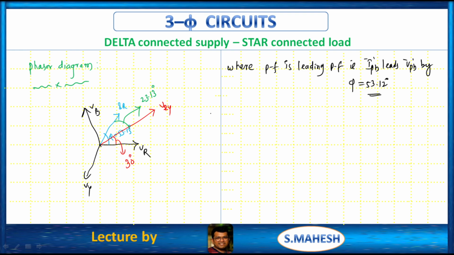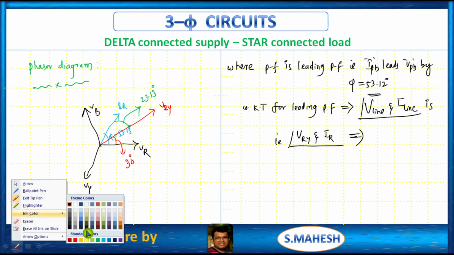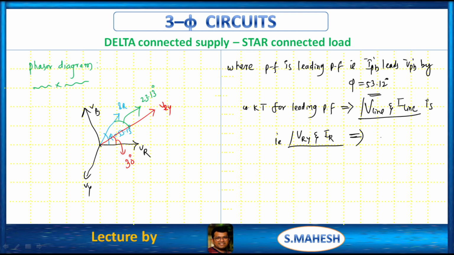We know that for leading power factor, the angle between line voltage and line current, that is the angle between VRY and IR, is nothing but phi minus 30.